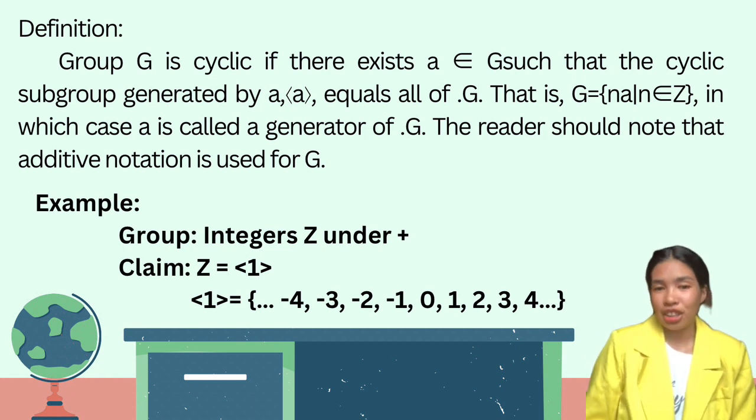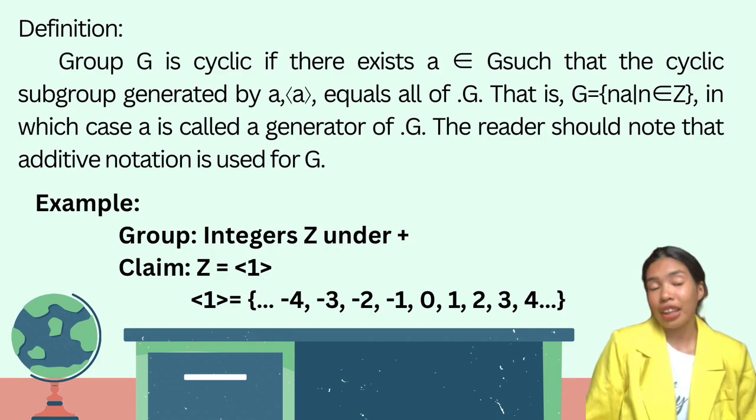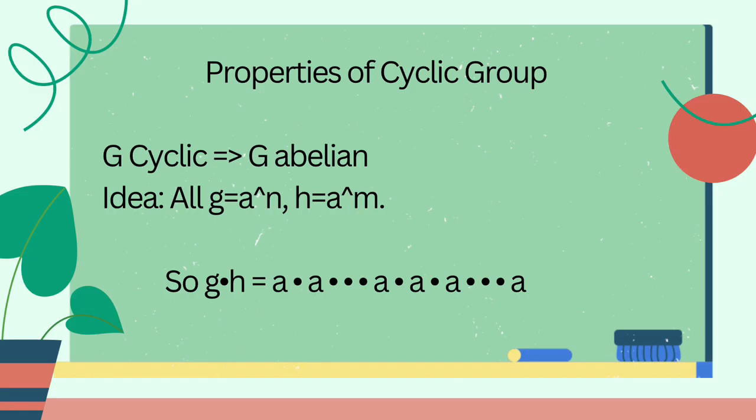Now, let's proceed to the properties of cyclic groups. I will be sharing one fact about cyclic groups. A cyclic group satisfies the commutative property. I'm not going to show the formal proof here, but I want to give you an idea of why that should be true.